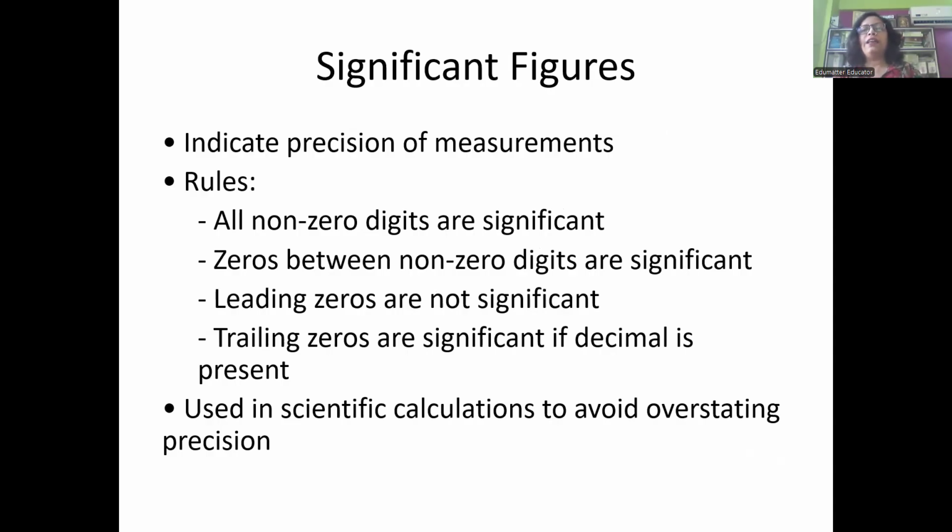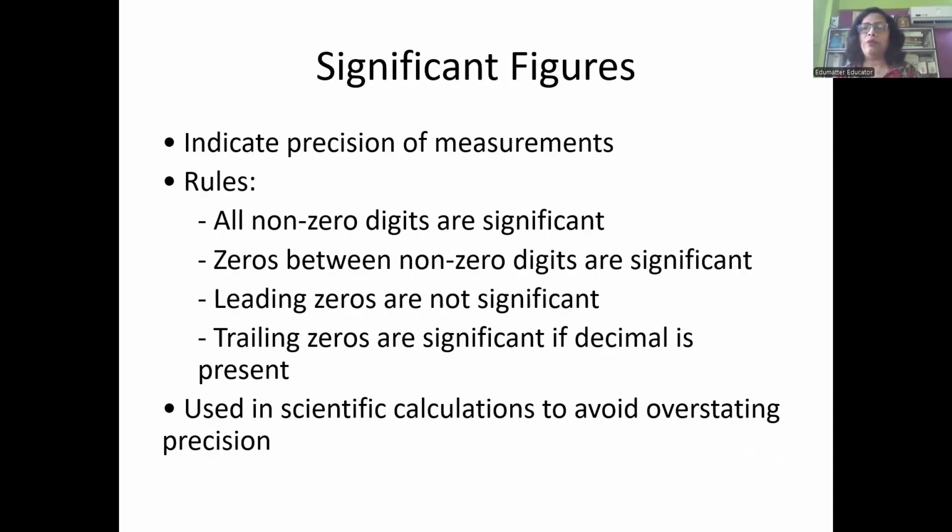Significant figures, another important thing that should be considered while measuring something. When we are measuring 1 meter, is it 1 meter or 1.1 meter or 1.11 meter or 1.111 meter, 1.9 meter?